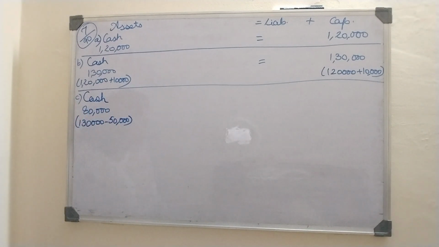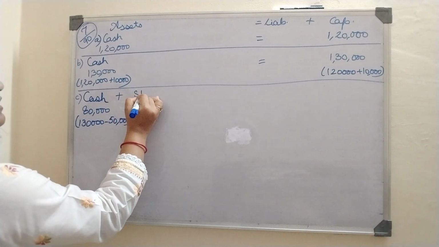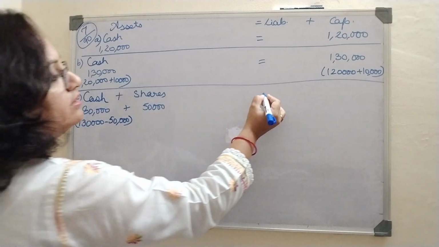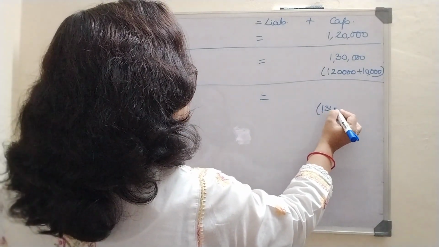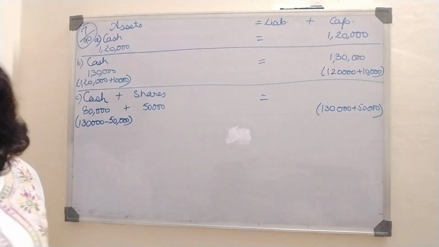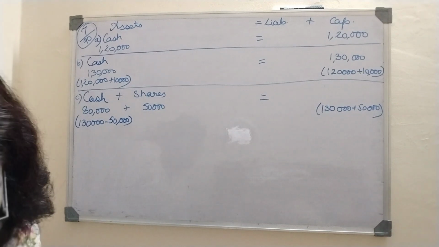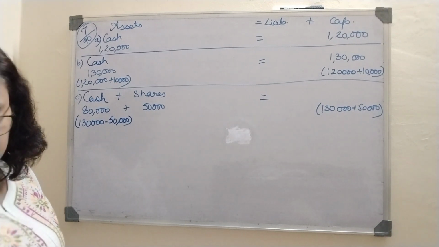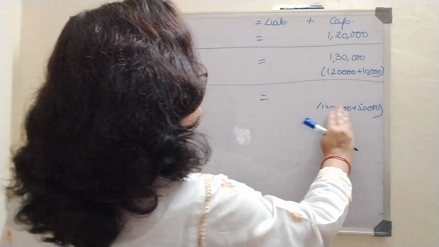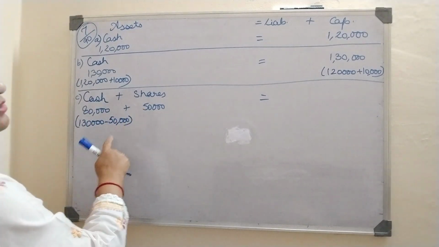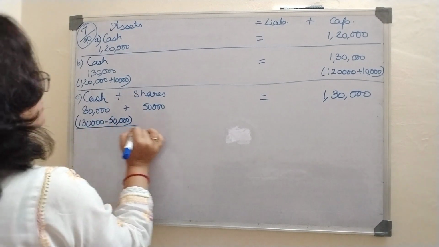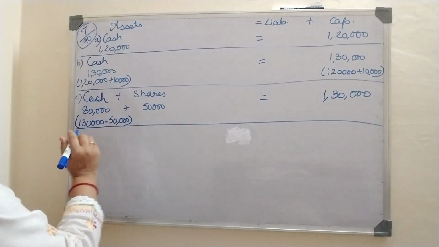So cash is of 80,000 and we will create another head, that is shares 50,000, right? And over here we will add 1,30,000 plus 50,000, it comes to 1 lakh. No, it will not be affecting this side because both the effects we have seen over here. So this will remain the same. Capital, it will not be added because we are putting another head.